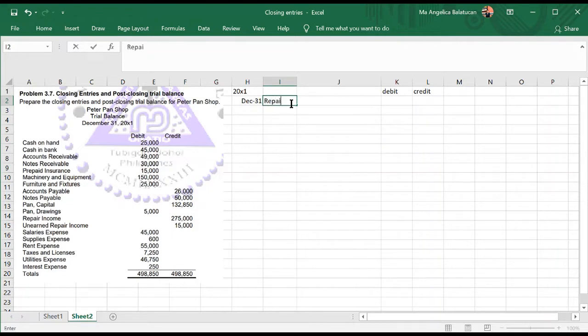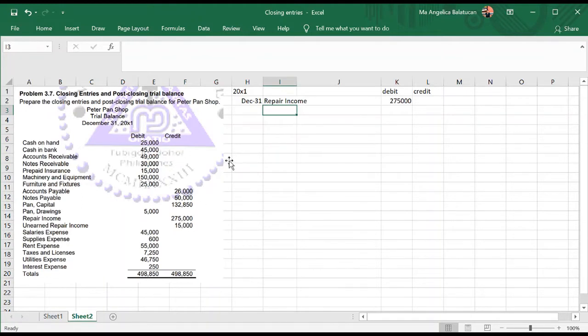So repair income, that's 275,000. The repair income will be debited because it has a credit balance, and if we want to close an account, we will place it on the opposite balance so that it will be zeroed out. Since it's credit, we need to debit that in order to close it completely.